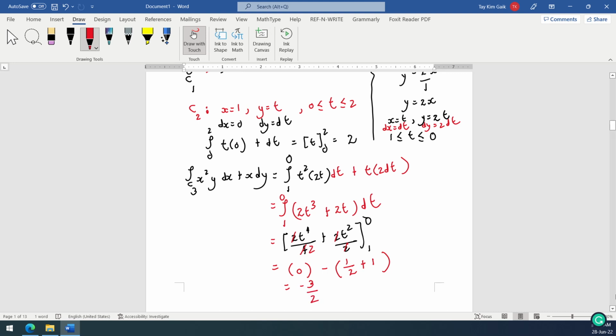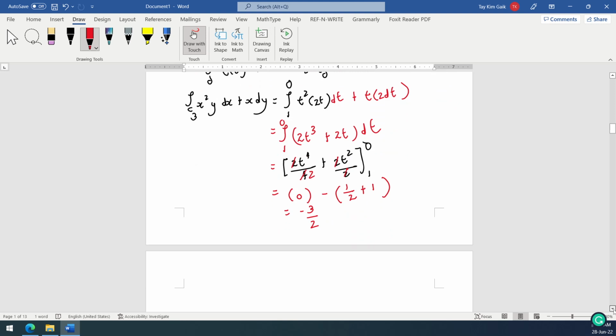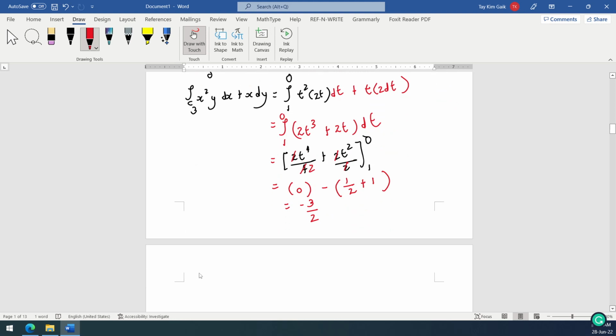Okay, so for the line integral, because you have C1, C2, C3, for the integral of x squared y dx plus x dy, you have to add up C1, C2 and C3.